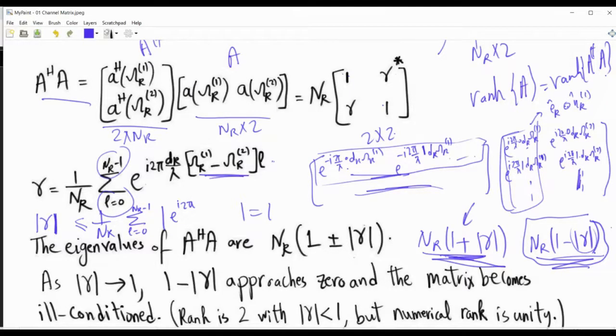This is the rank that is relevant to practice, because in practice you will carry out computations on a digital signal processor. In that case, you don't care about the mathematical rank, you care about the numerical rank. Okay, so that's the reason.